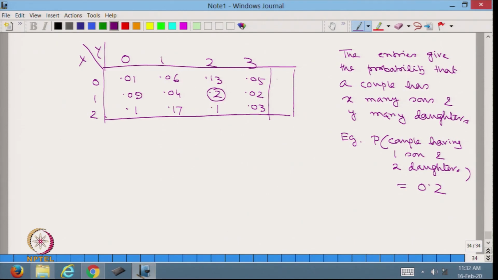Now, let us add the rows. So, this gives me 0.25, this gives 0.35 and this gives 0.4.